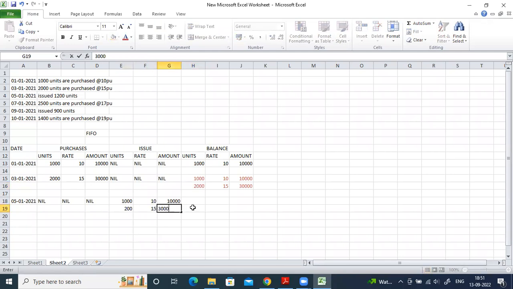Now what is the balance, guys? How much balance we are having in our godown? 10,000 and 30,000. See, this is our balance on 3rd January.